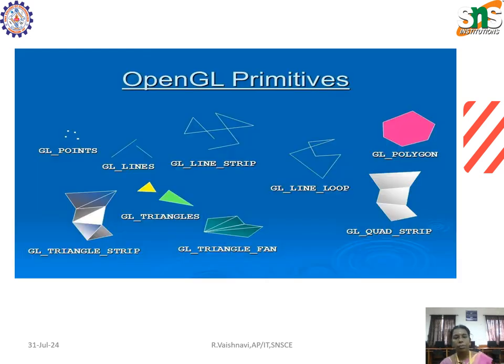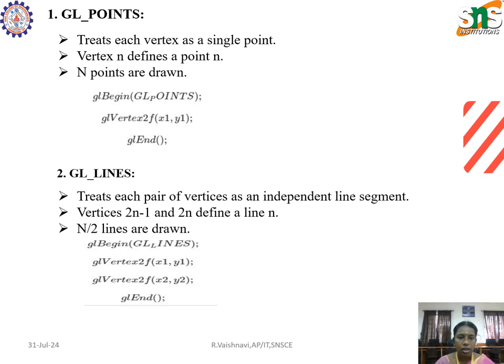Here we have the OpenGL primitives, that is GL_POINTS, GL_LINES, GL_LINE_STRIP, GL_TRIANGLES, GL_TRIANGLE_STRIP, GL_TRIANGLE_FAN, GL_LINE_LOOP, GL_QUAD_STRIP, and GL_POLYGON. Nearly 10 OpenGL primitives we have. First one is GL_POINTS, which treats each vertex as a single point, and vertex n defines point n. N points are drawn.